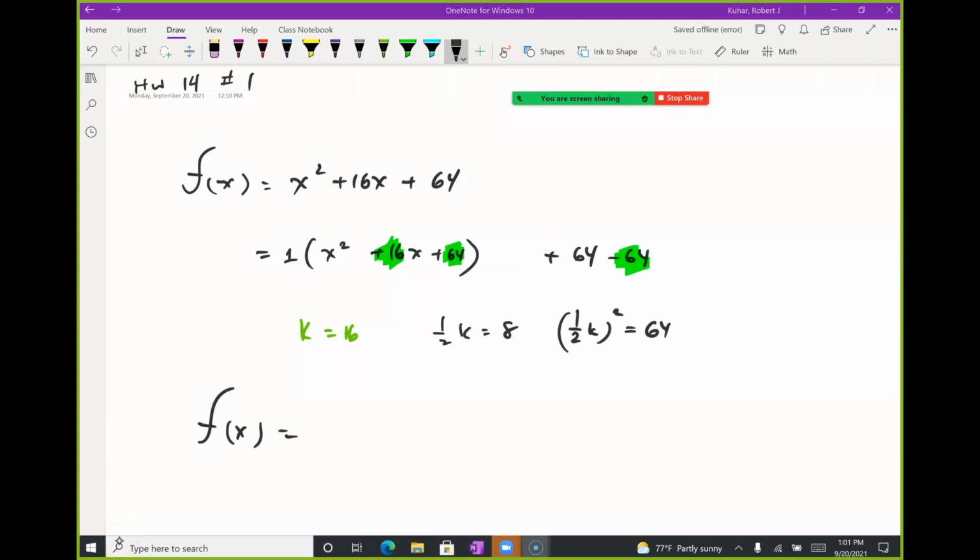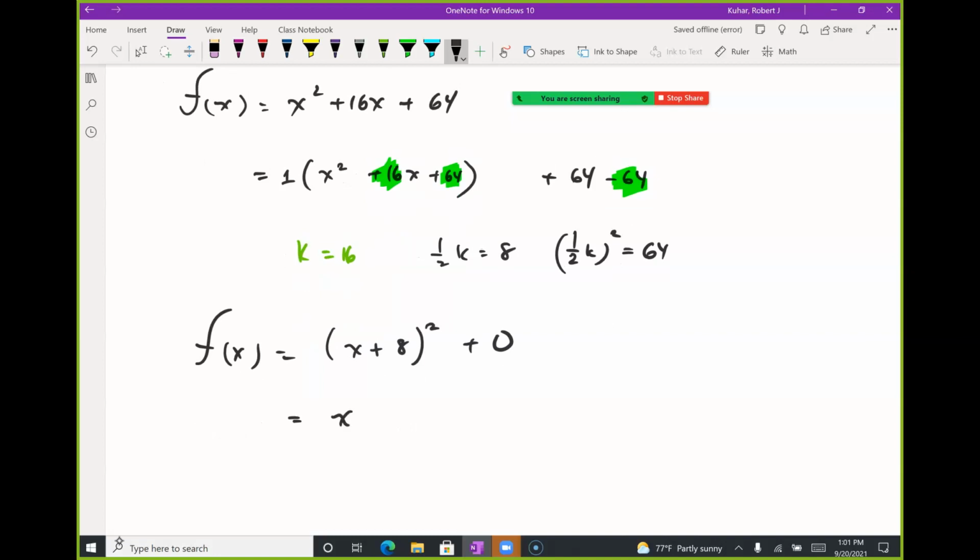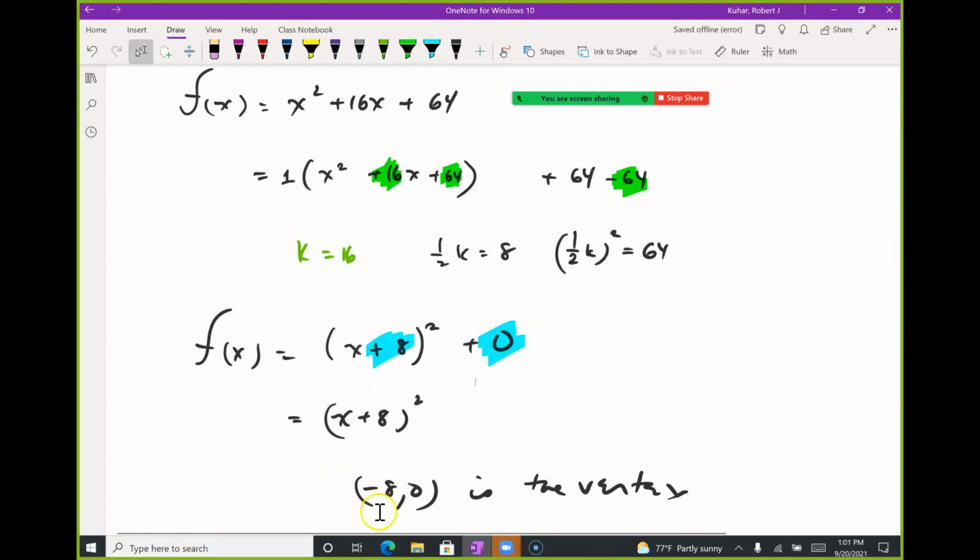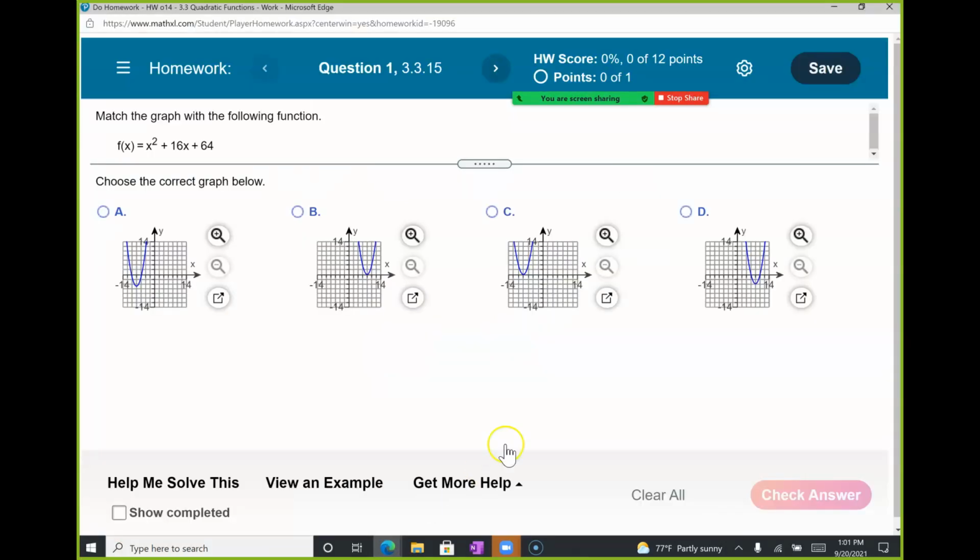I get x plus half of k quantity squared, so I can see that I've got x plus 8 quantity squared. I have a vertex of negative 8, 0. And remember, x's behave inversely, y's are direct. So take the opposite of that x for my x sub v, and take that leftover piece on the outside as my y sub v. And so now I can see the answer has got to be this one, right? It's got to connect at negative 8, 0.